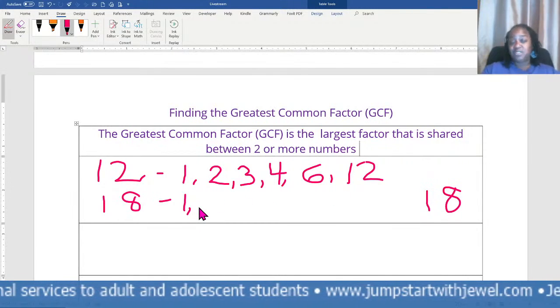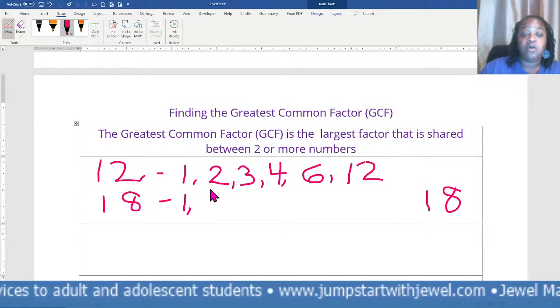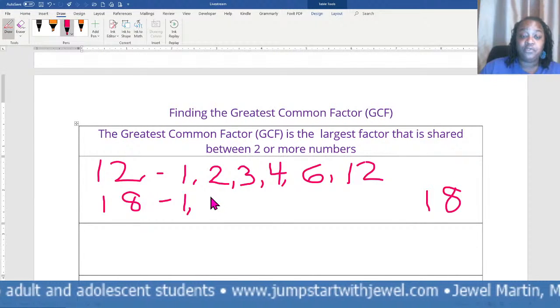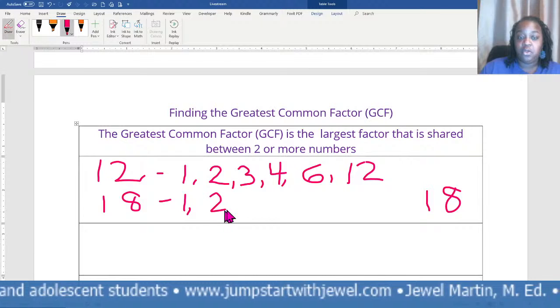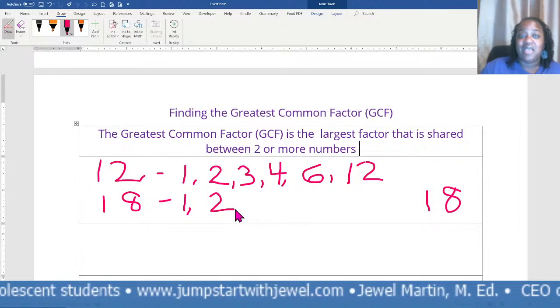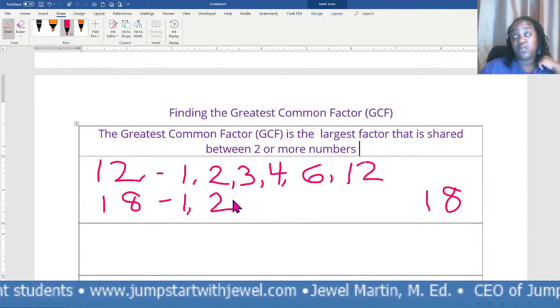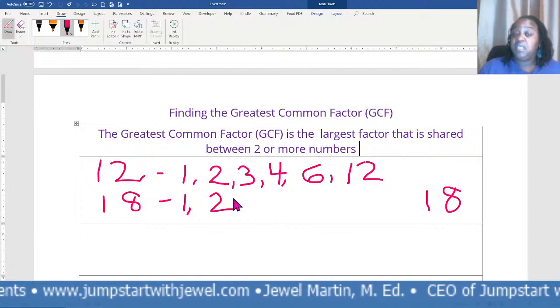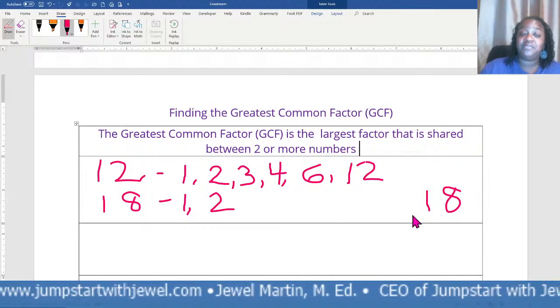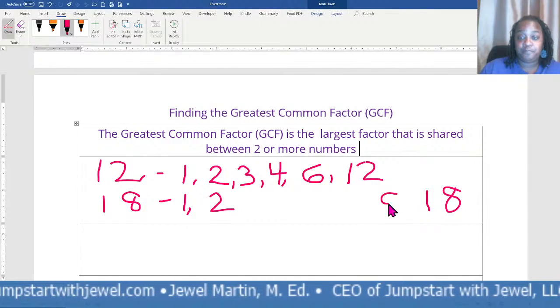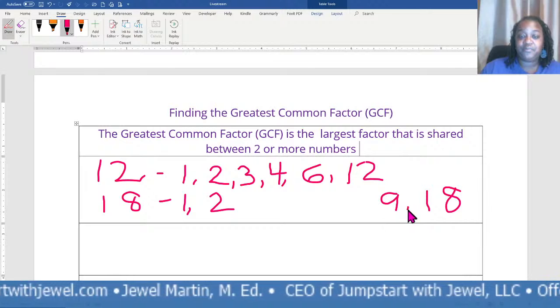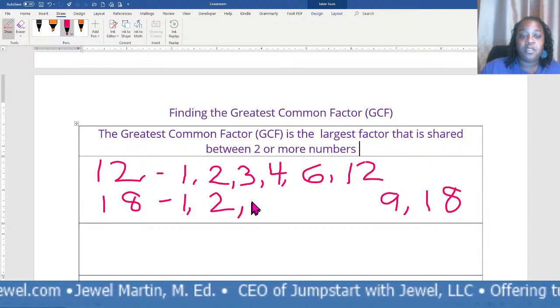18 is one of those numbers that has a lot of factors. Because it's an even number, 2 is a factor of 18. What number, when you multiply it times 2, gives you 18? 2 times 9. 9 is a factor. Okay. Then what's next?